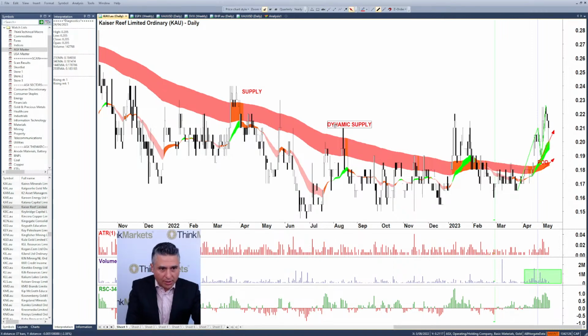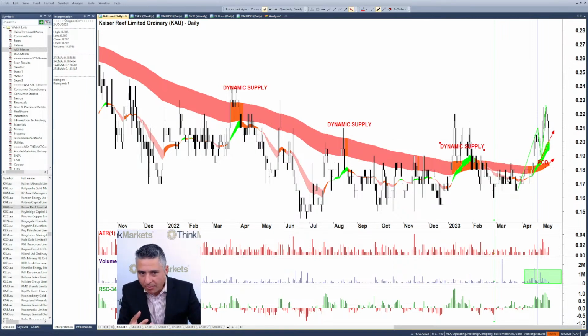So that dynamic supply there and there, and really starting to dissipate through here, wasn't it? Because we did spend some time above it. Maybe that dynamic supply is starting to turn into dynamic demand down here. And I think there's enough in it to say that that's happening. Okay, it's early stages, but I think there's enough in it to say that that's happening.